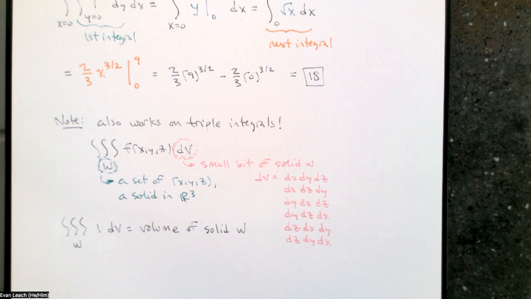If we had a function of 4 variables, then we would just get the 4-dimensional hypervolume, whatever we call it.